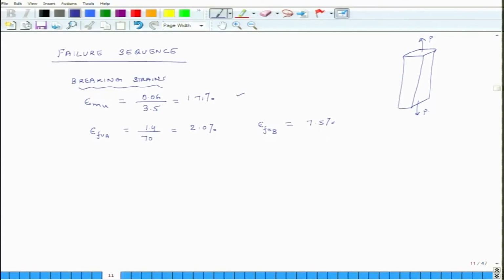Now, when we were discussing in the last lecture and last several lectures, we said that matrix can take a very large amount of strain. It fails in the last. In this case, it just happens that we have chosen a very fancy matrix which has a very low breaking strain. This is not the case for regular matrices.